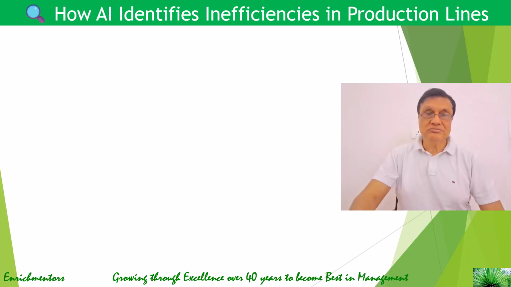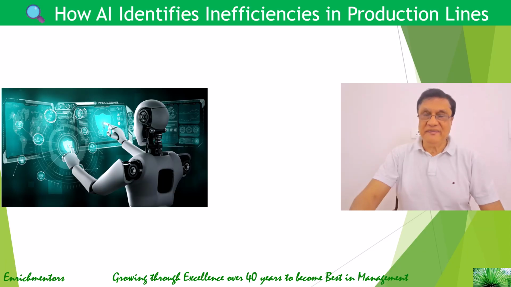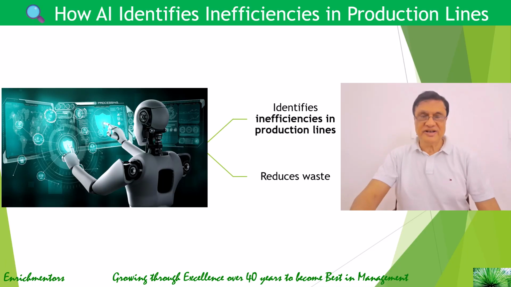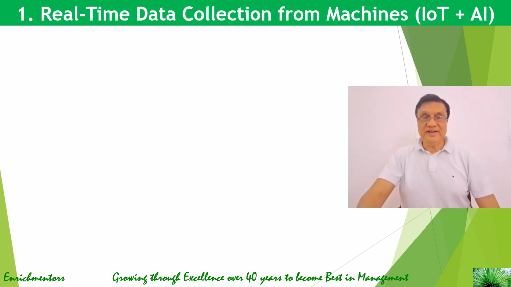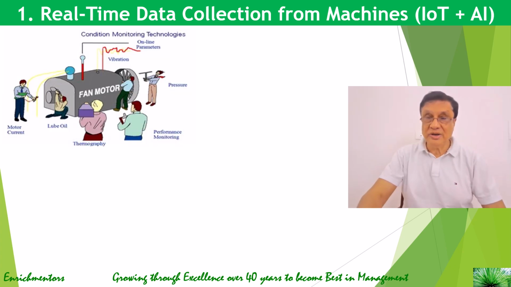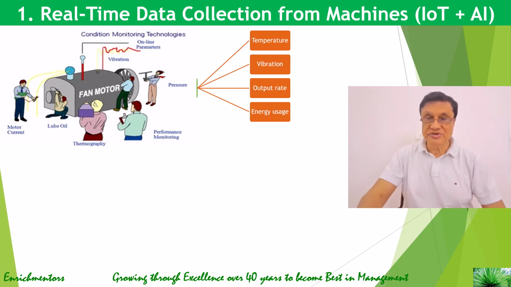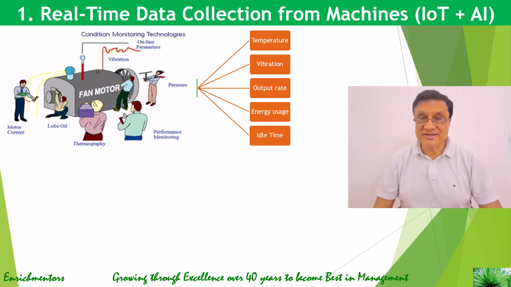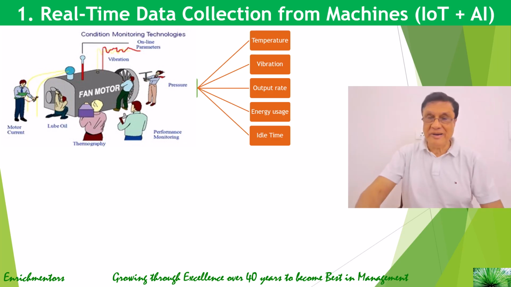So, how does AI identify inefficiencies in production lines? The first thing it does is real-time data collection from machines that are IoT and AI enabled. It collects data from sensors on the equipment to track temperature, vibration, output rate, energy usage, and idle time.